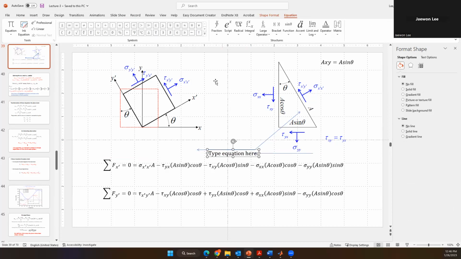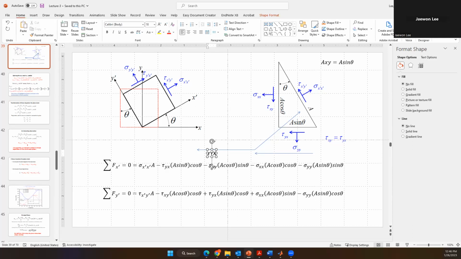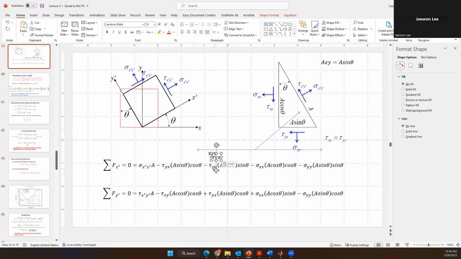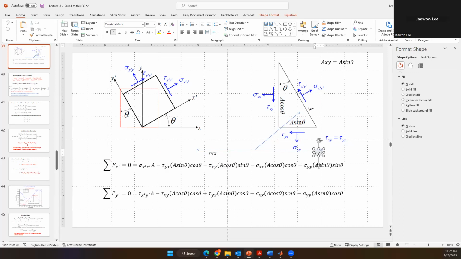It is easy to make it like this: this is the force tau yx, but since the direction is changed, we just mention minus tau.